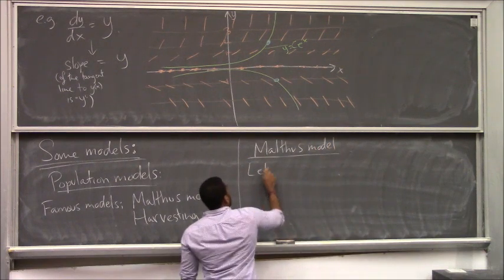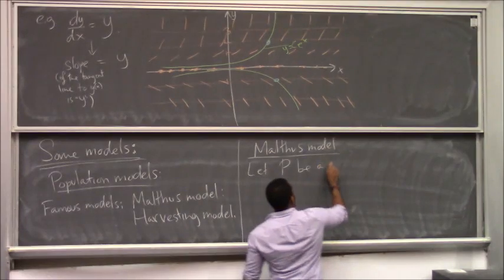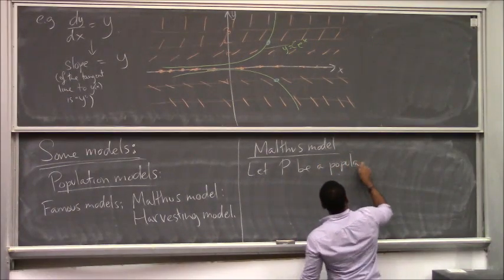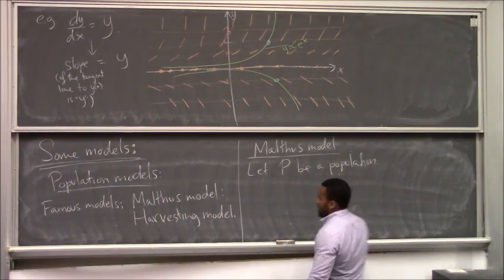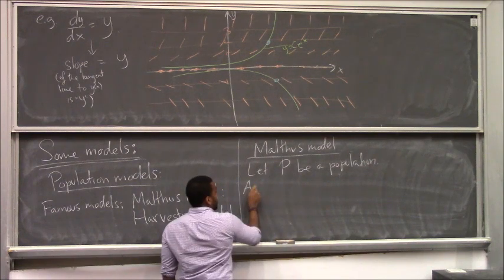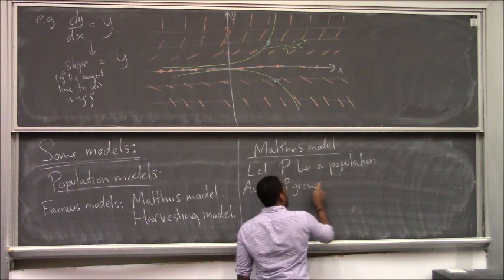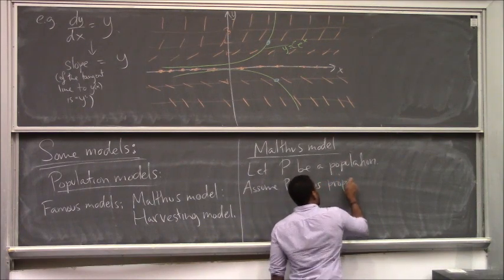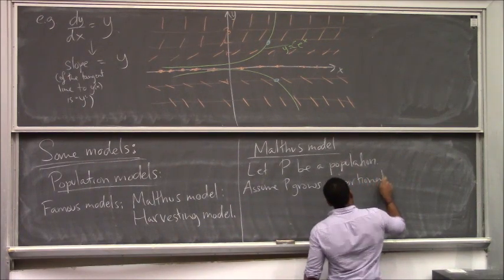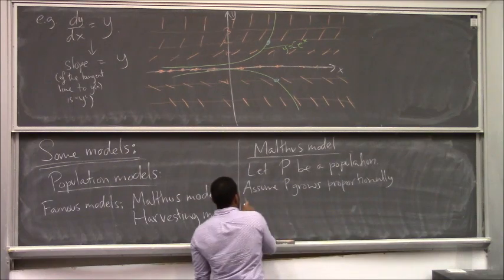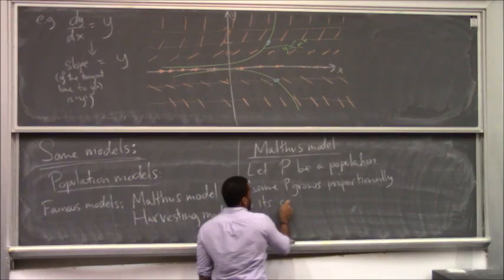So we can say let P be a population. And the important assumption is assume P grows proportionally to its current size.